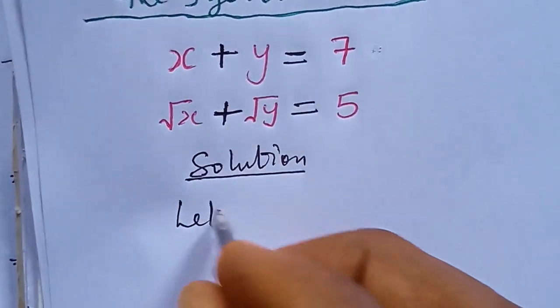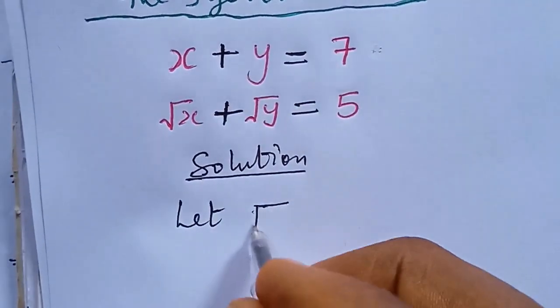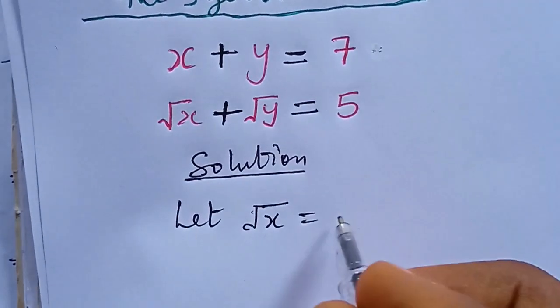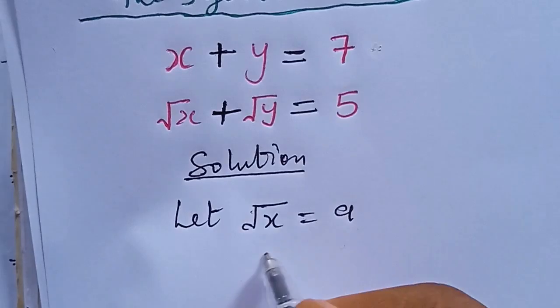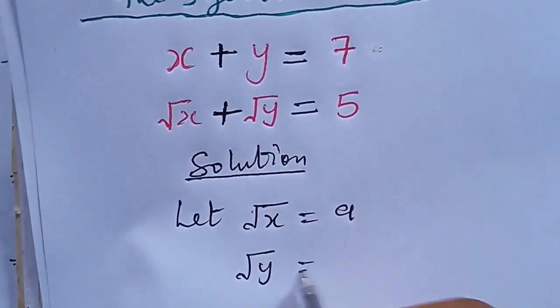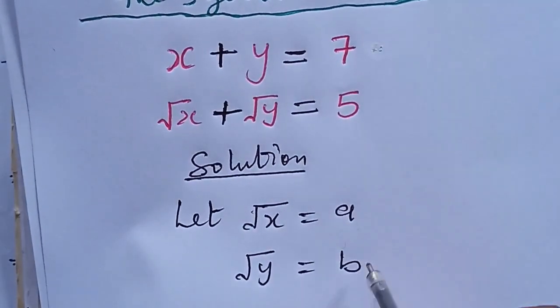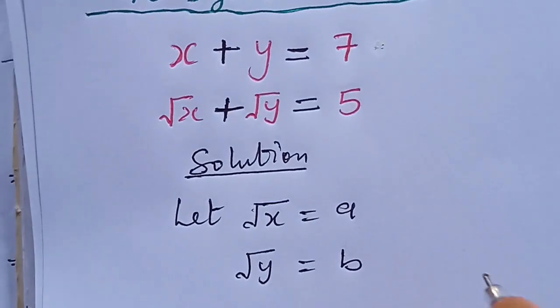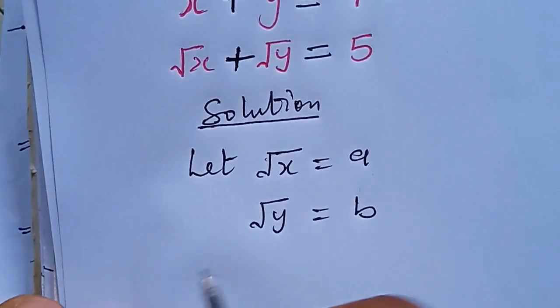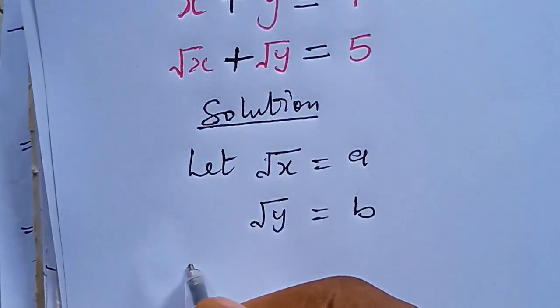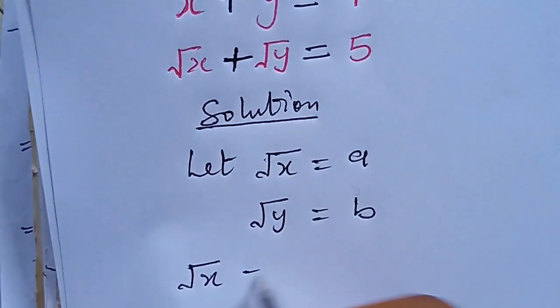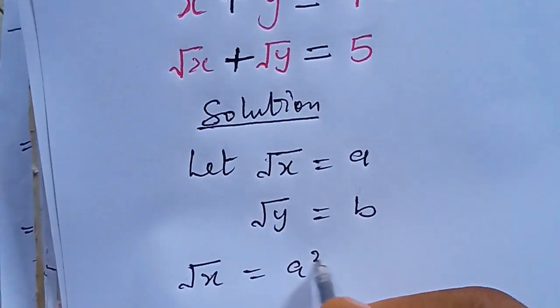First, let square root of x equal a, then square root of y equal b. So we can now square both sides. We have square root of x equal to a, to be squared.